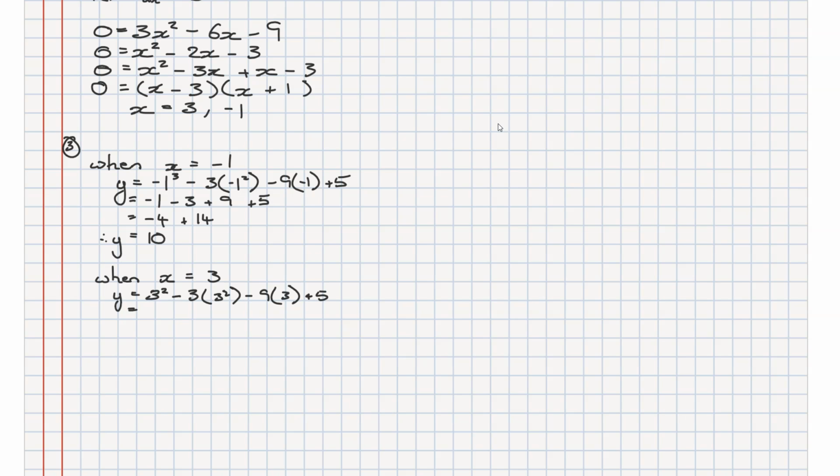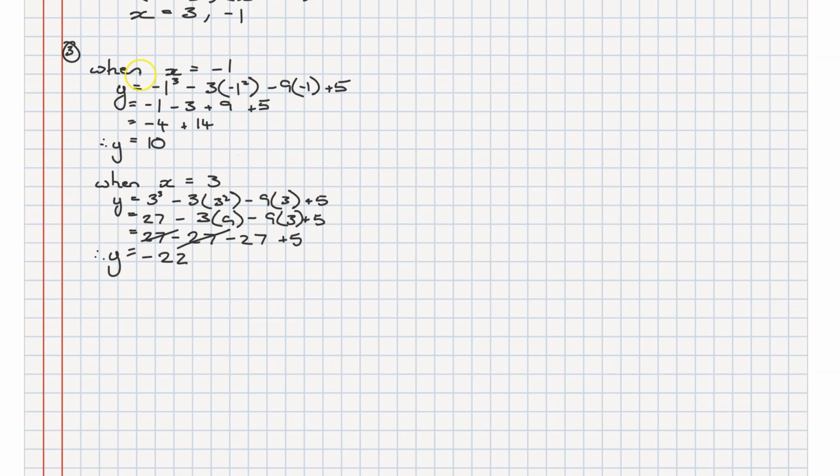Sorry, that should be cubed actually, let's take it a step back. 3 cubed is 27. 27 minus 27 plus 5, this will cancel with that, then the answer will be negative 22.